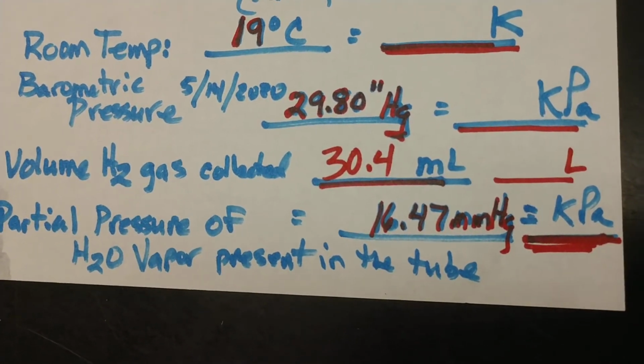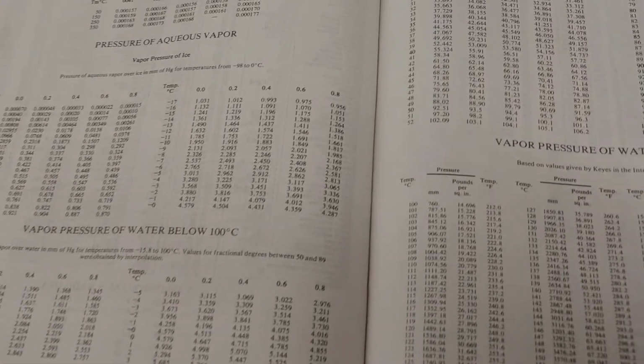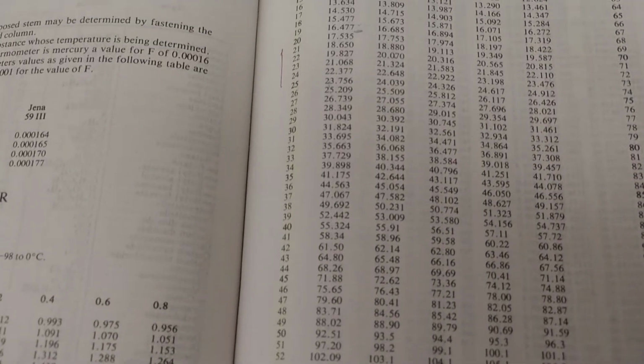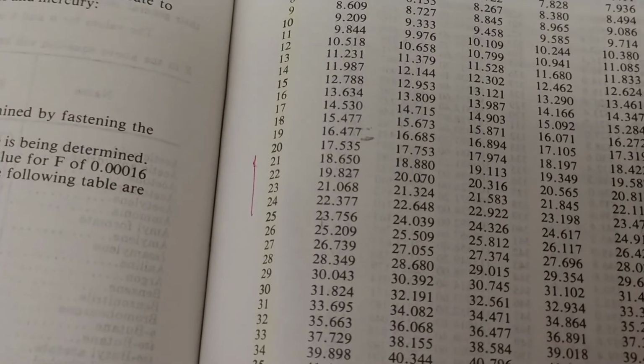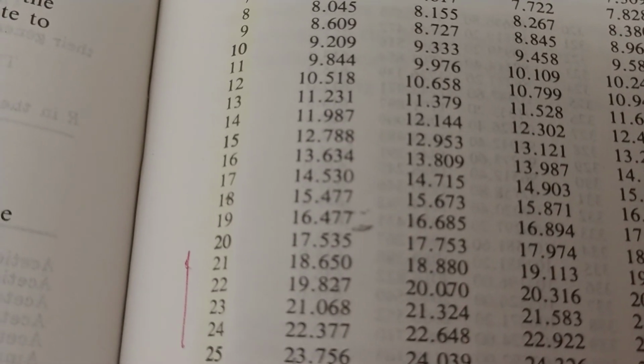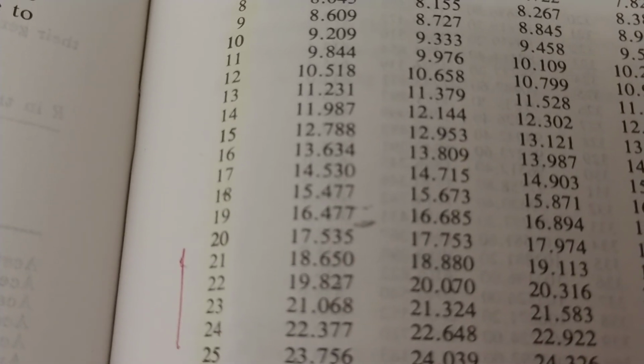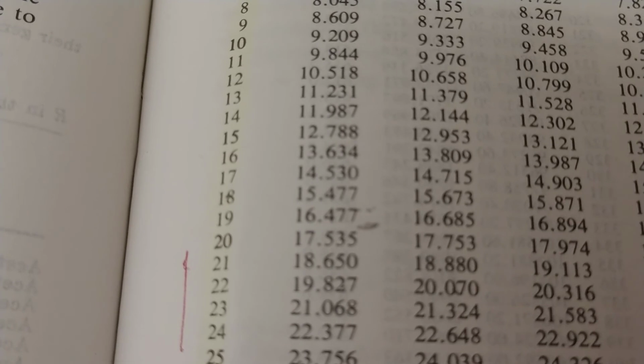So there's a whole chart for that, which is found in the Handbook of Chemistry and Physics, which I pulled out right here. And I looked it up for 19 degrees. The value is 16.477, but that is expressed in millimeters of mercury. You'll have to convert that to kilopascals, so watch out for that.